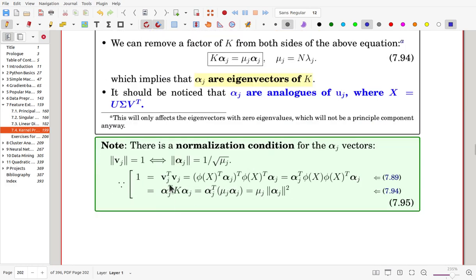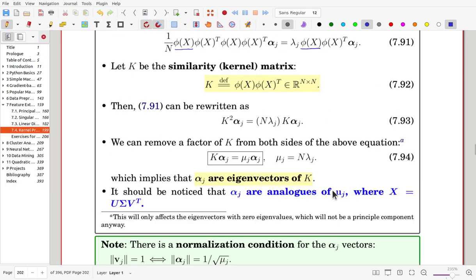Now before going to the computational aspect of this kernel PCA, we need to consider the normalization condition. The eigenvectors v_j have norm 1.